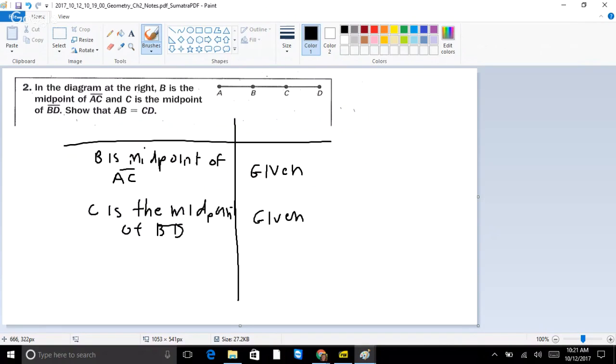So the definition of the midpoint says that if B is the midpoint of AC, we know that AB equals BC, right? And that's by the definition of a midpoint. So remember when we learned about, I think it was back in chapter 1, definition of the midpoint.